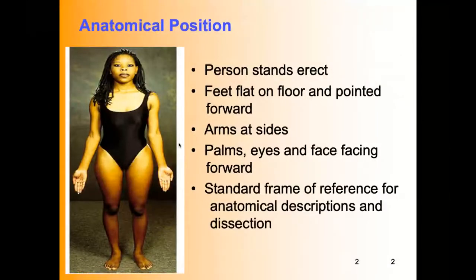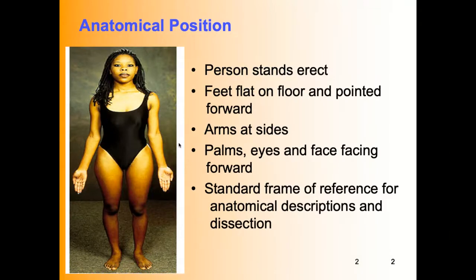Now, when we study human structure and we look at an individual, here we see this young lady standing in anatomical position. She's standing with her feet flat on the floor. She's standing erect. Her arms are at her side. The palms are facing forward, eyes straight ahead. This is referred to as anatomical position.